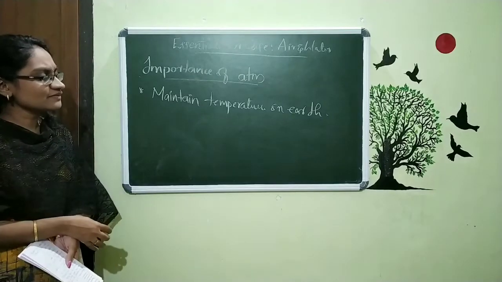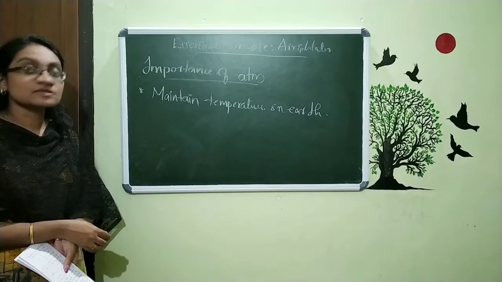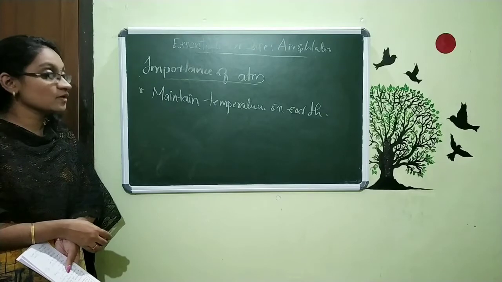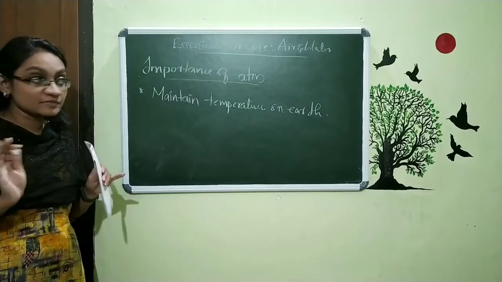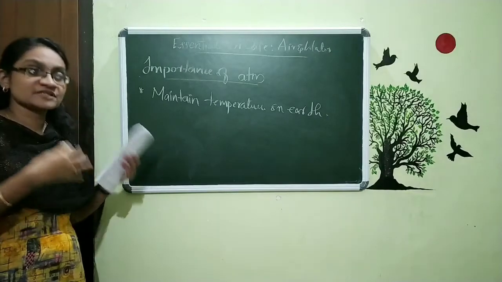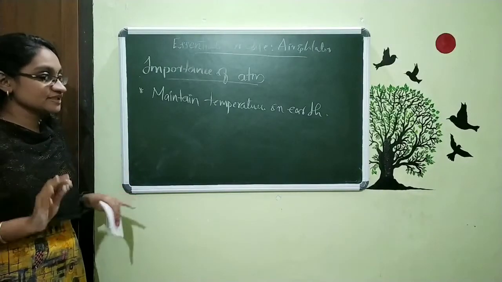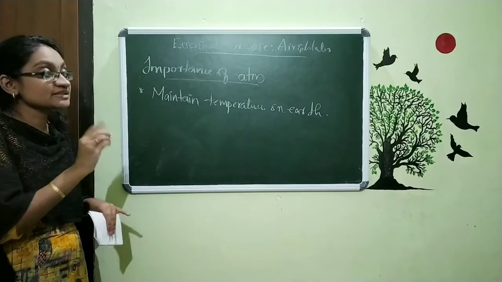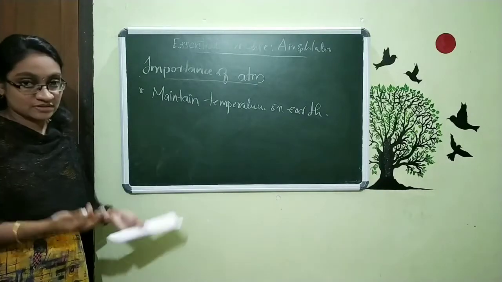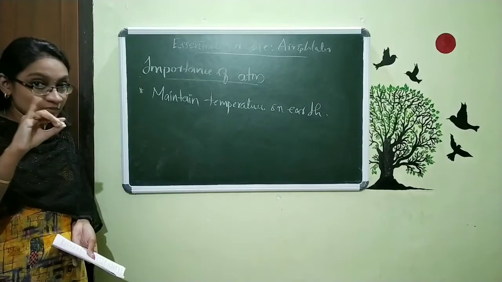And why do we want to maintain the temperature? When there is no maintenance, what happens? Then it is not favorable for the survival of the animals, plants and all. So the atmosphere maintains the temperature on the earth's surface. That is one of the importance of atmosphere.